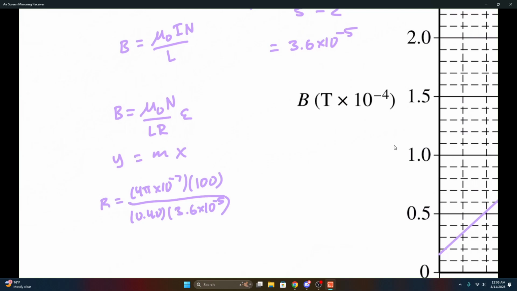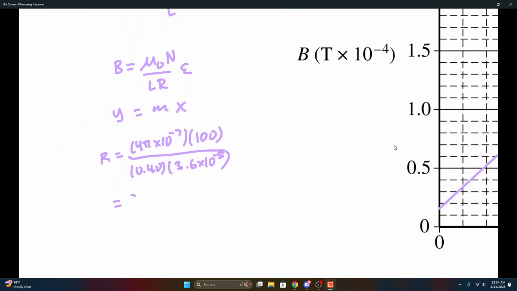Get something. Equals 8.7 ohms, R_S. Okay.